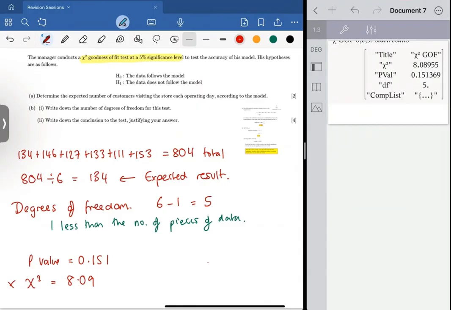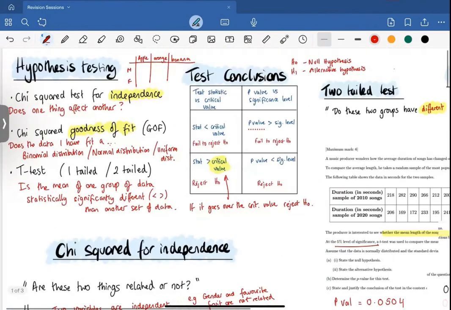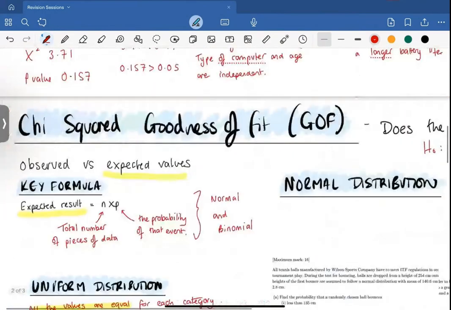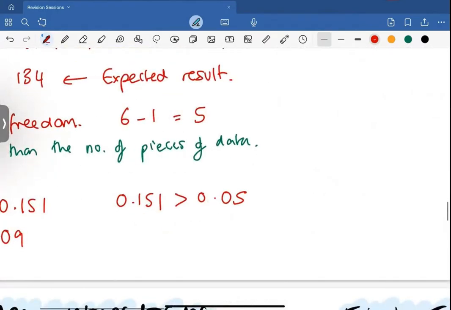We're going to have to compare the p-value with the significance level. So we've got 0.151. We're doing a 5% level, and that is definitely bigger than 0.05. Oh, we've ended up with another one, haven't we? So go back into our little table from earlier. The p-value is still more than the significance level. So there's not enough evidence to reject H0.